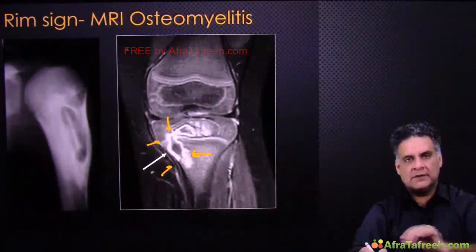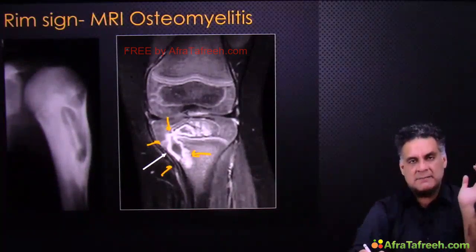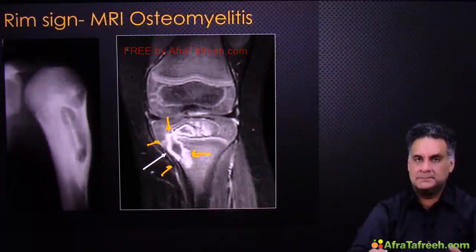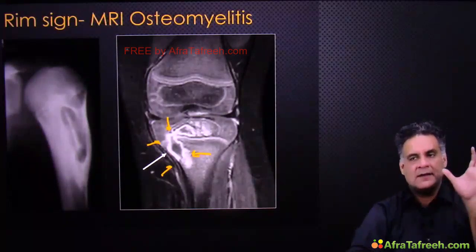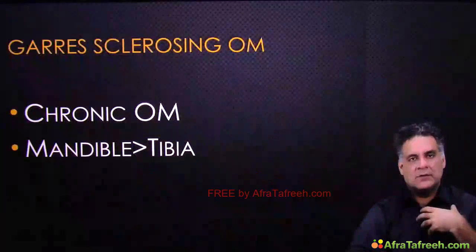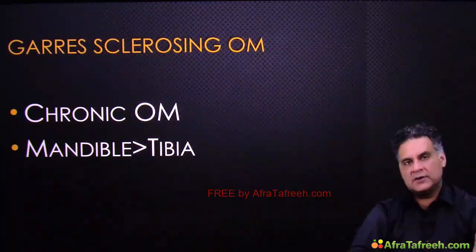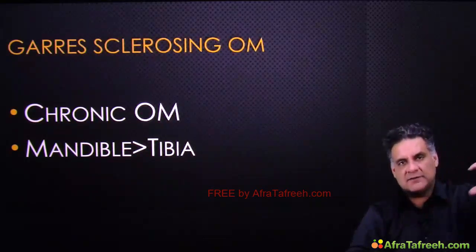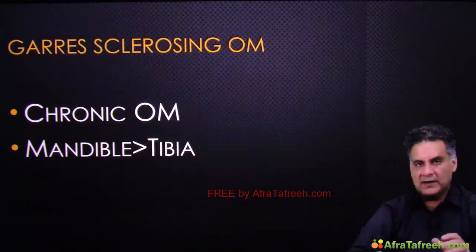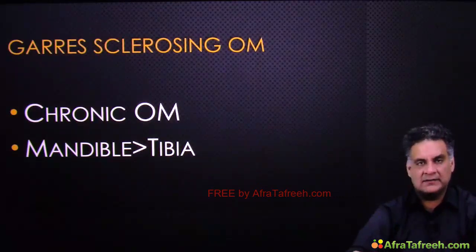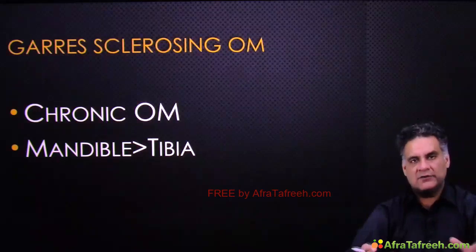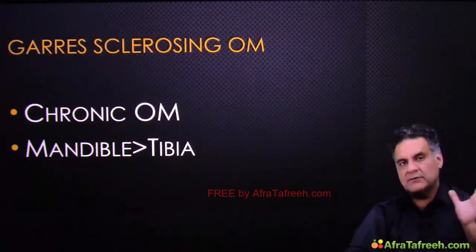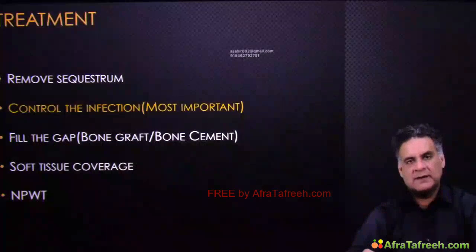So the rim in chronic osteomyelitis is picked up on MRI. When you have continuous chronic osteomyelitis involving large segments of the bone, it is called Garre's sclerosing osteomyelitis, a variety of chronic osteomyelitis that involves the mandible followed by the tibia.